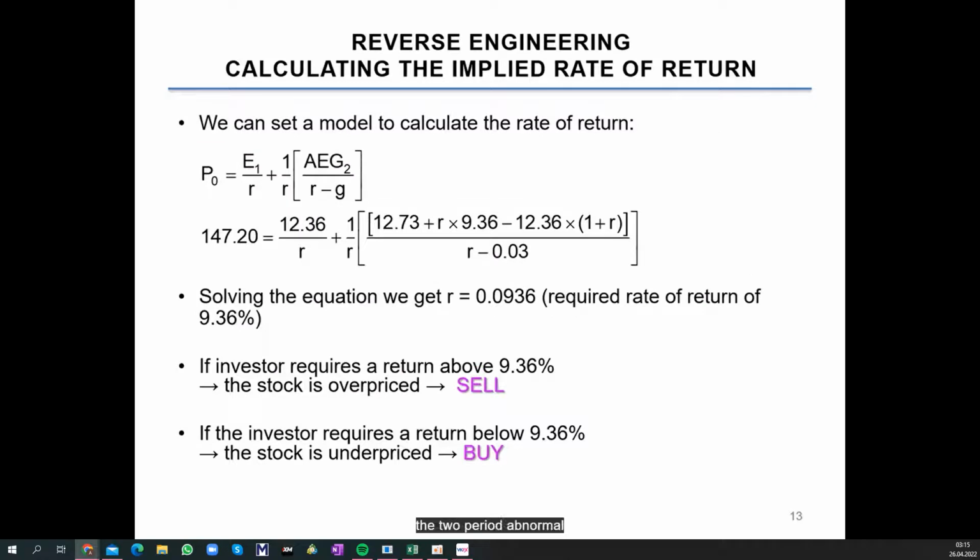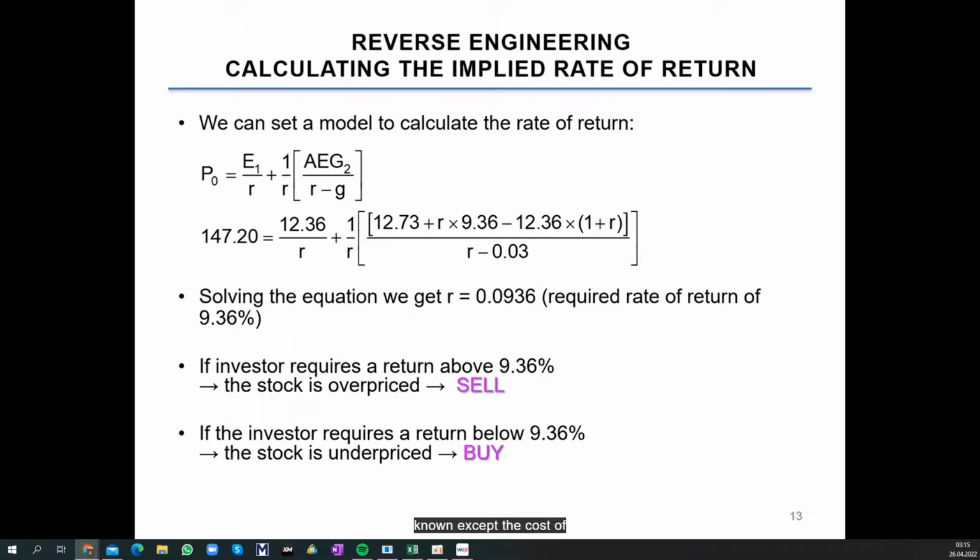We can use the 2-period abnormal earnings growth model formula. That is, we capitalize next period earnings and also discount the capitalized abnormal earnings growth in year 2 with R minus G. Abnormal earnings growth is defined as cum dividend earnings minus normal earnings.